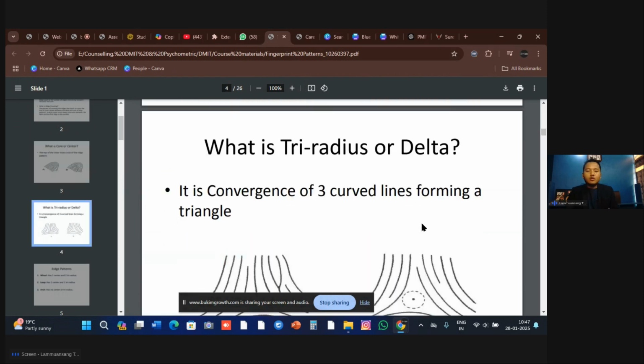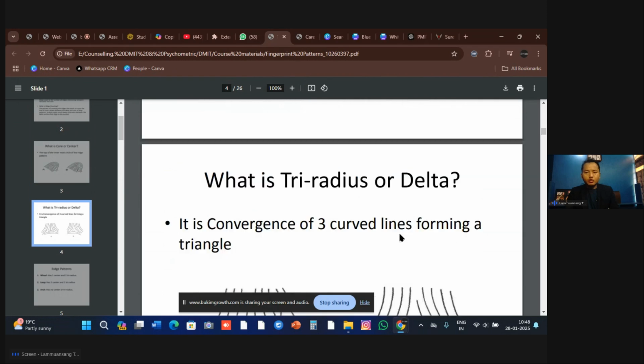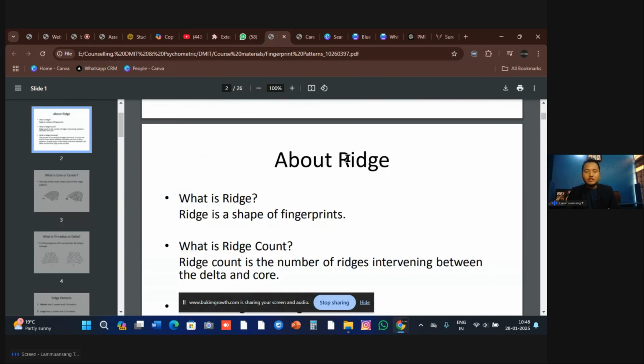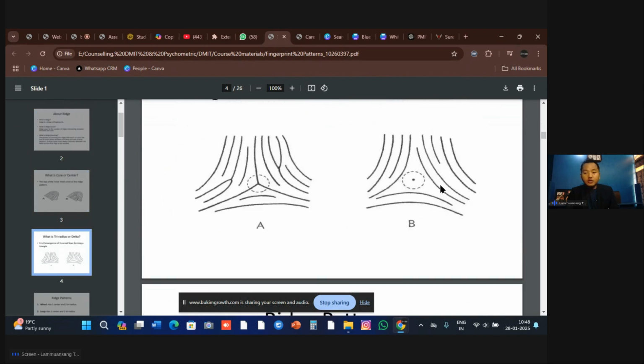And when we say delta or tri-radius, we mean this. Tri means three, right? The meeting point of three lines. Sometimes it will not have this kind of image. Sometimes it will be totally blank, with no line. But if you see the small lines, what do we call these? Ridges.